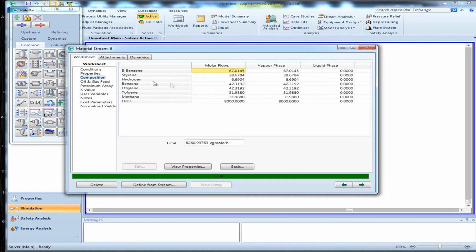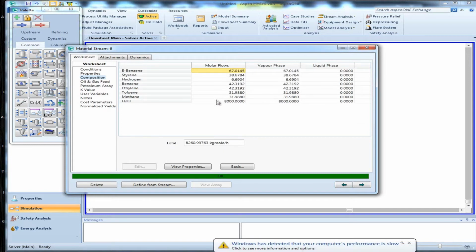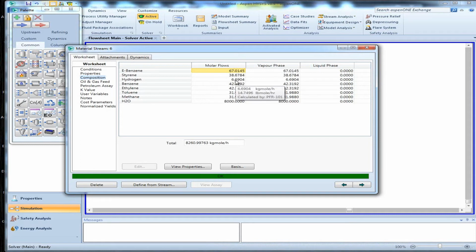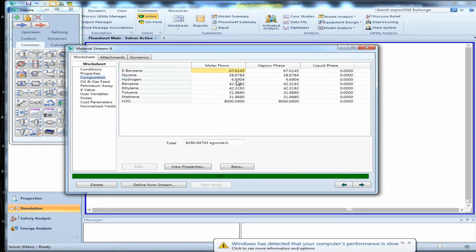So let's check the composition. You can see that there is a mixture of several things here. Because of the high pressure and high temperature, everything is in gaseous phase. So what we can do is reduce the temperature, and also flash by putting in a reducing valve to reduce the pressure as well.